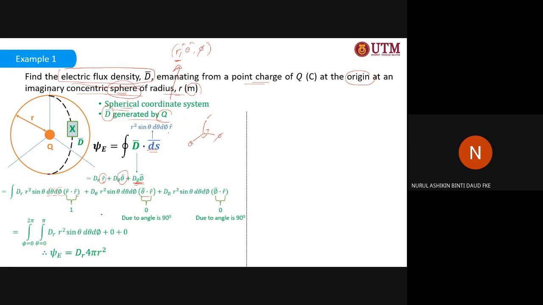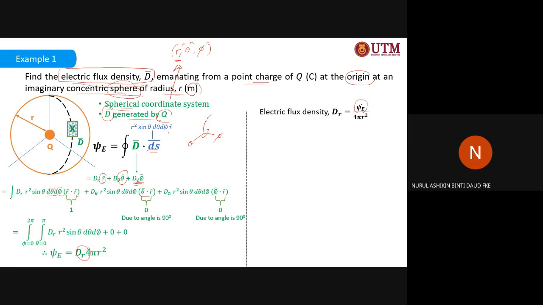Since we need to define this Dr, we need to find it, so we have to rearrange this equation. So Dr equals flux line over 4 pi r squared.